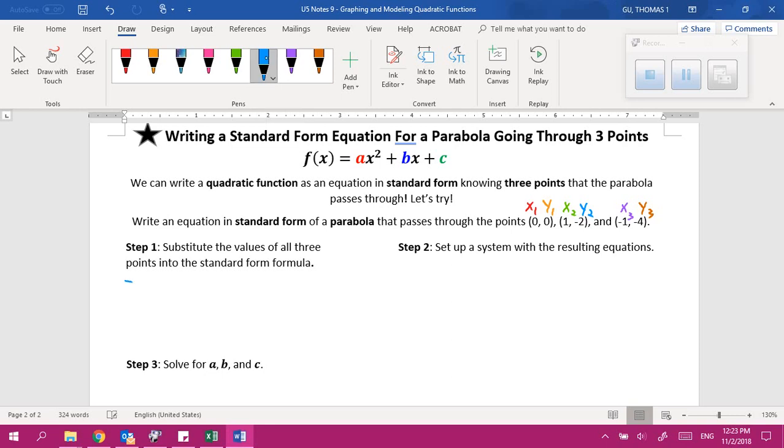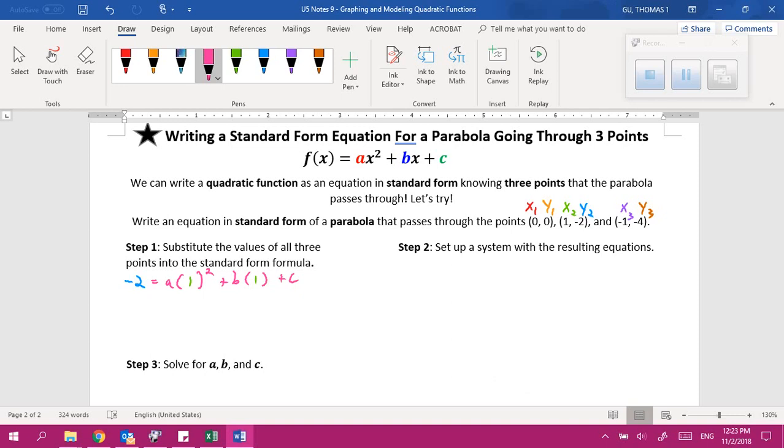So I'm going to replace f of x, which is y, with negative 2, because that's my y value. And the rest of the equation says equals a times x. But what's x? 1. Right? Because when I'm using the y2, then I need to use x2, which is 1. So it's going to be a times 1 squared plus b times 1, because that same x value, plus c.